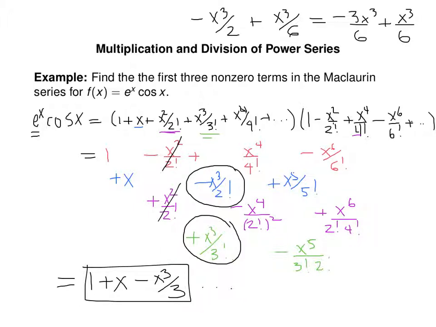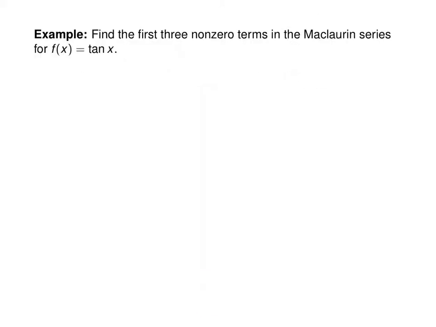And lastly, division. So find the first 3 non-zero terms in the Maclaurin series for f of x equals tangent of x. And what you'll have to remember is that tangent is equal to sine over cosine.